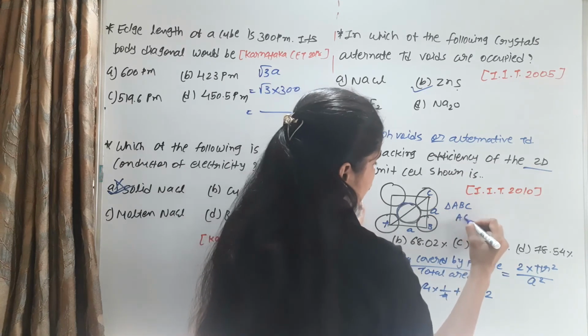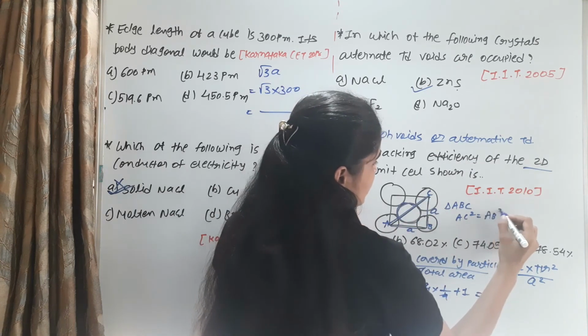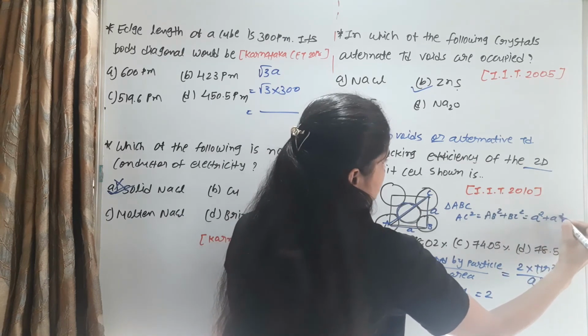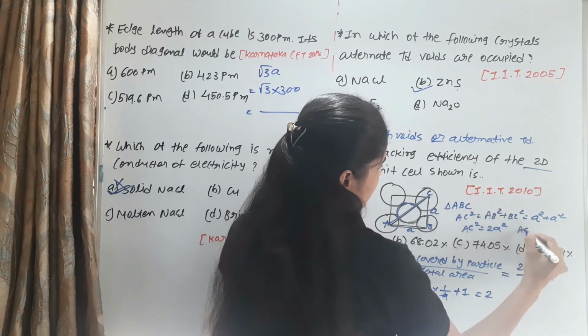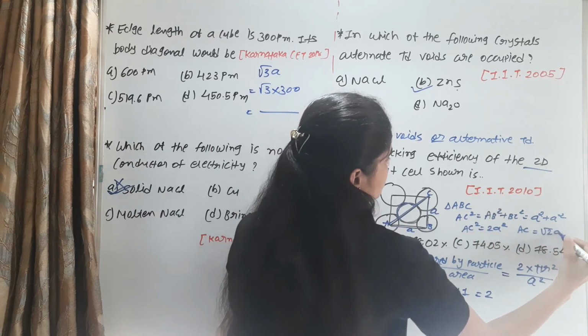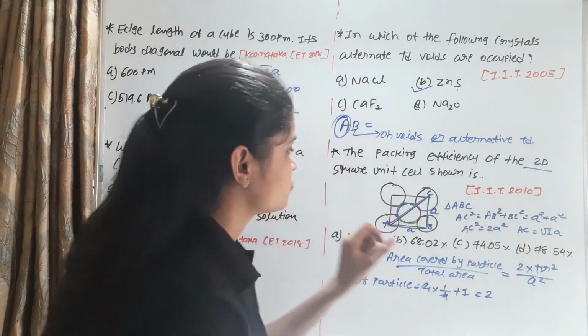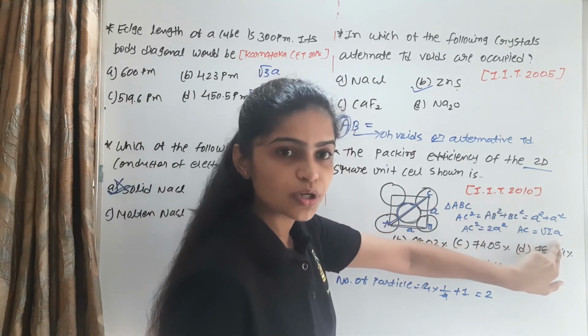So AC square is equal to AB square plus BC square, which is a square plus a square. So AC square is equal to 2a square, and AC is equal to root 2 a. That is the value of AC.